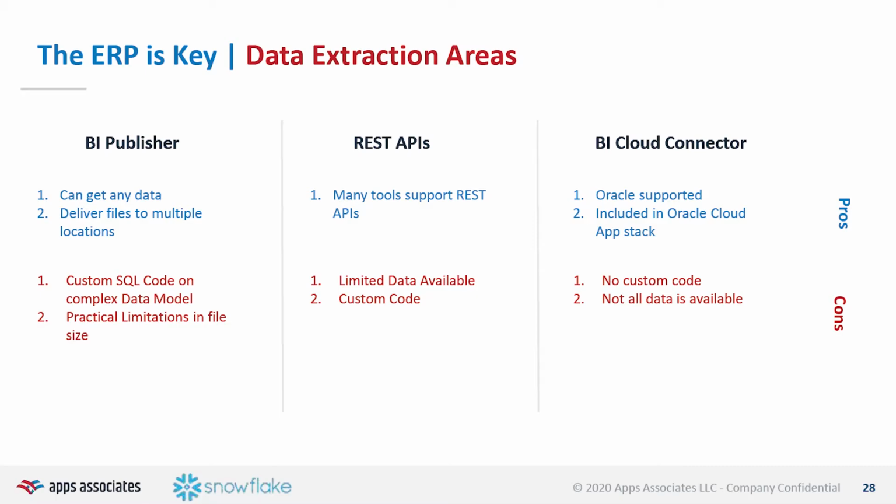And the good part is all these objects are available as part of the standard tech stack itself, where you don't have to write any custom code to get this data out. So we want to take a closer dive into some of these different options.